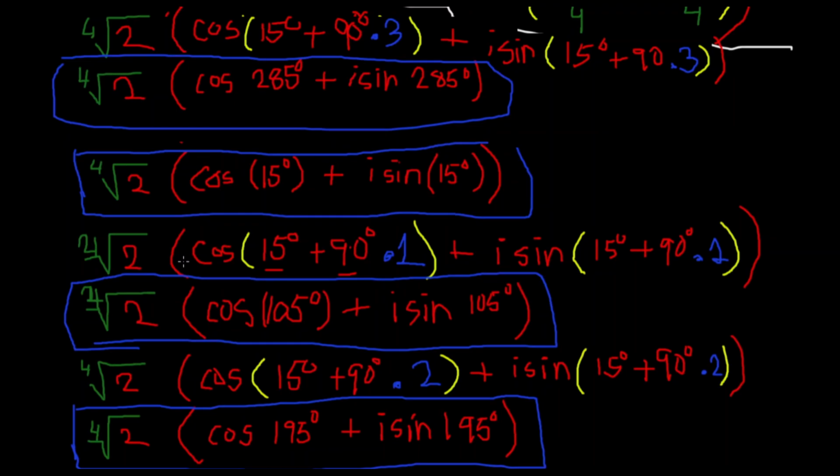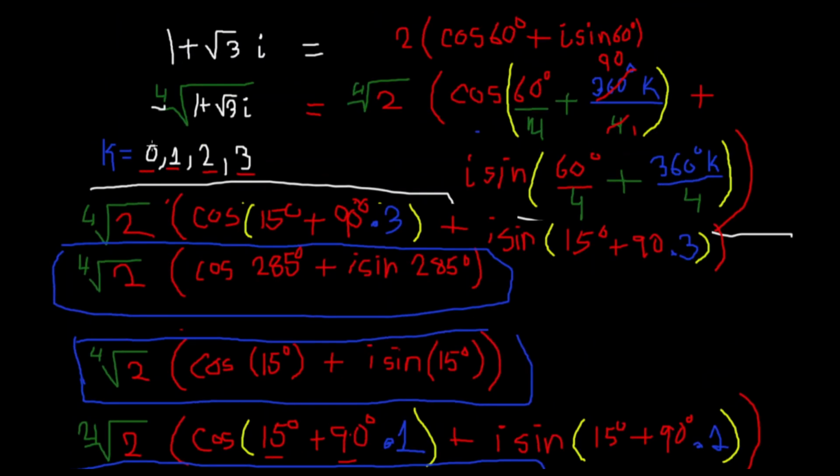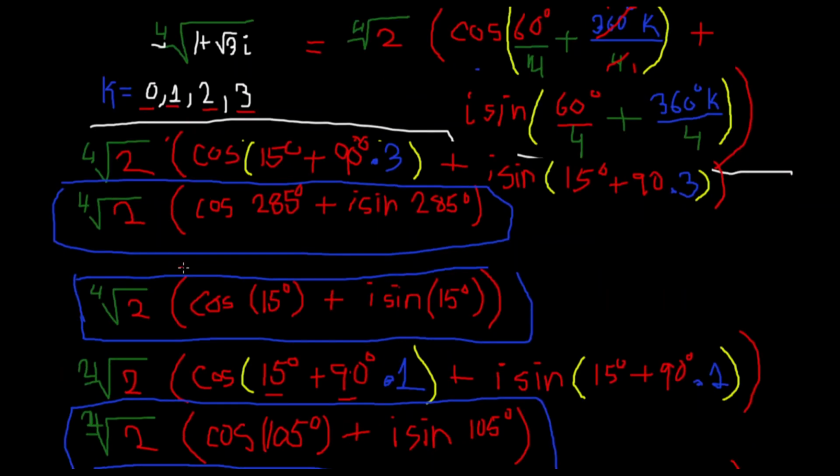So that is all for today. This is the Moivre's theorem. It allows you to compute complex numbers if they are raised to the nth power, or find the roots of a complex number. You can also use it for other numbers, but today I just showed you how to use it for complex numbers.